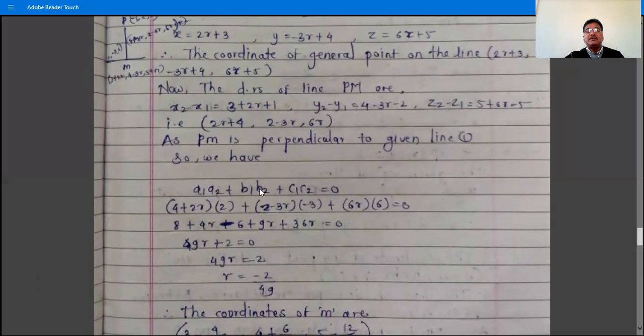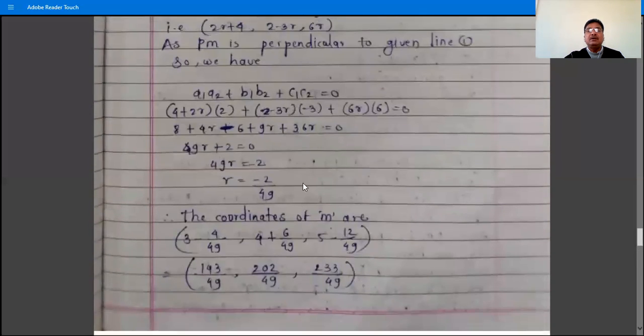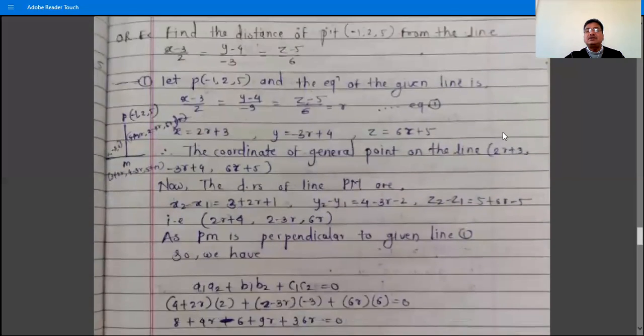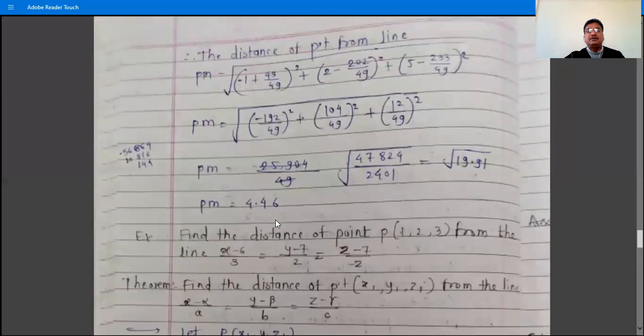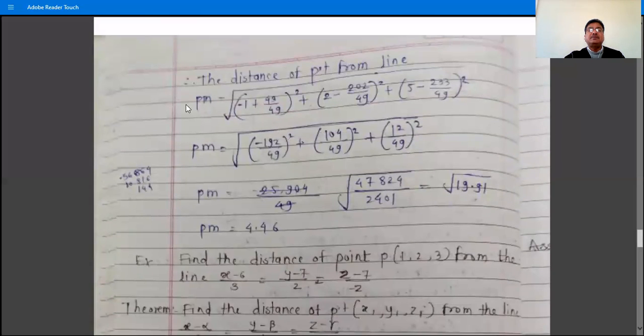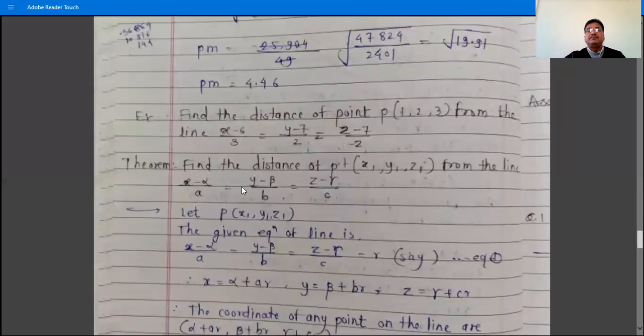Therefore we have A1 A2 plus B1 B2 plus C1 C2. By using this condition, find the value of R, and by substituting the value of R in the general coordinates, we get the coordinates of the point M, the foot of the perpendicular, and then by the distance formula we have the distance between P and M.